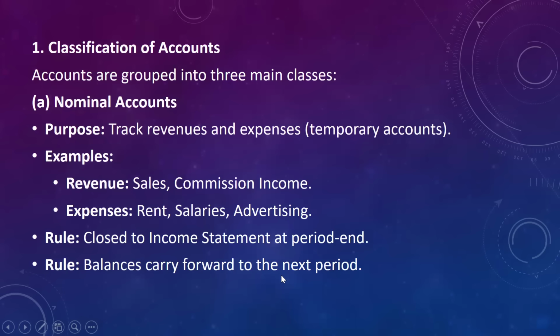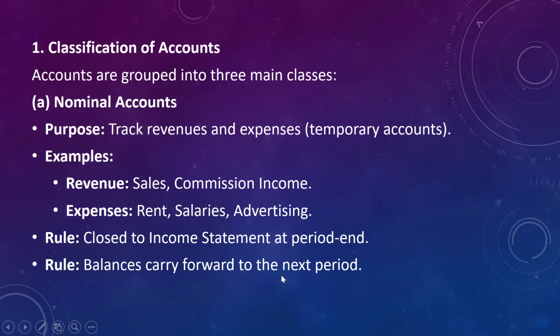The first one is nominal accounts. Nominal accounts are intangible. These are the accounts for things that you cannot touch. These accounts normally last until the end of the financial year and then they're transferred to the income statement, and you open the next one in the next year.